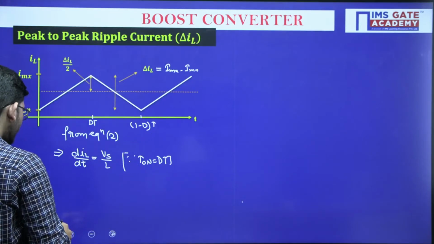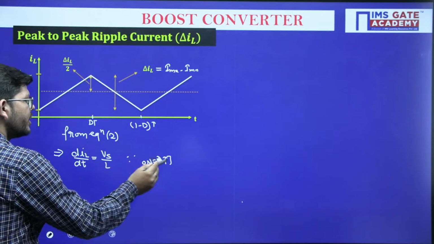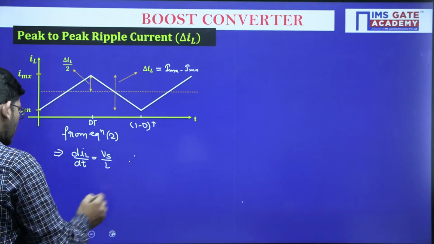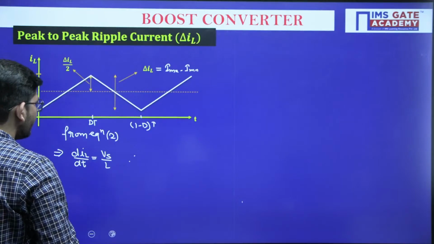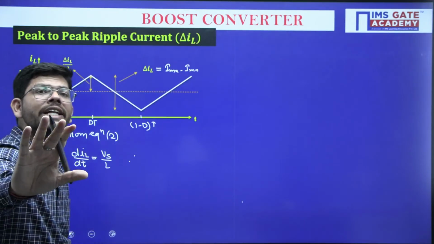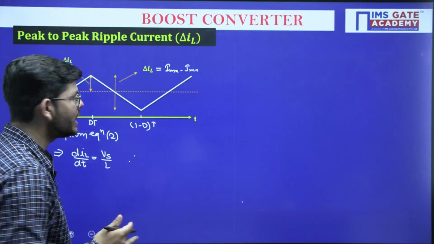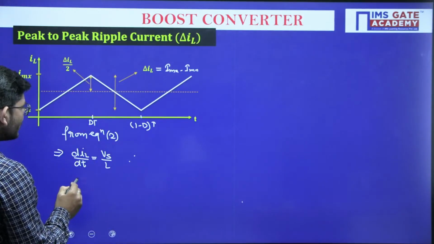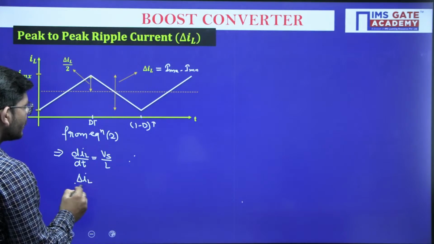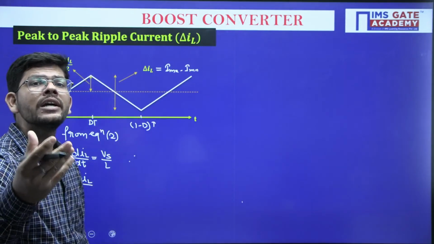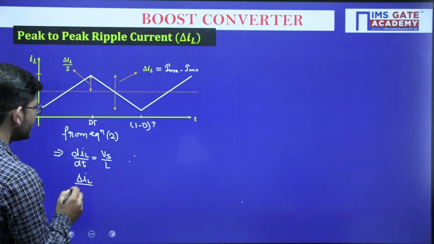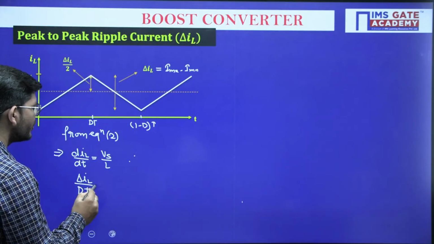Let me mark them here and remove from here. Now, dIL indicates the change in inductor current. So how much is the inductor current changing during the on period? The inductor current is changing by del IL, so we can write here del IL. dt represents the change in time. How much is the time changing? Time is basically dT during the on period.